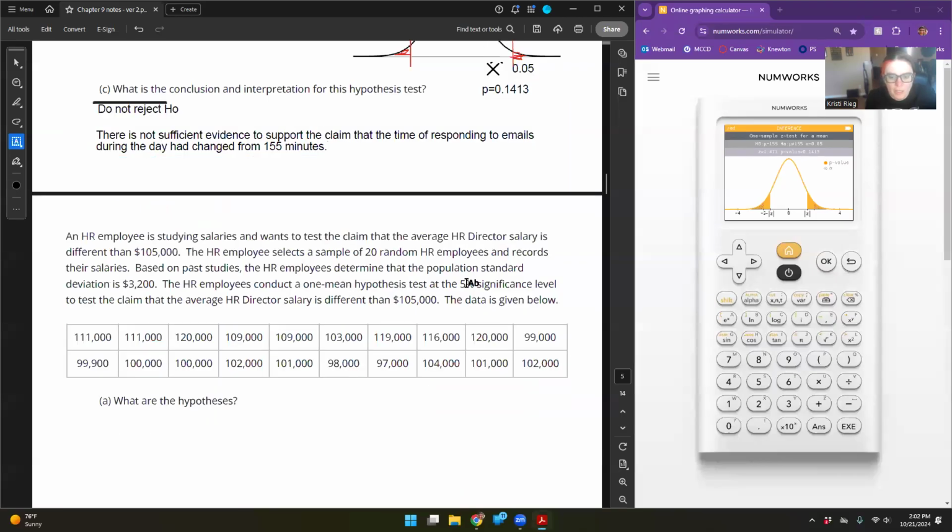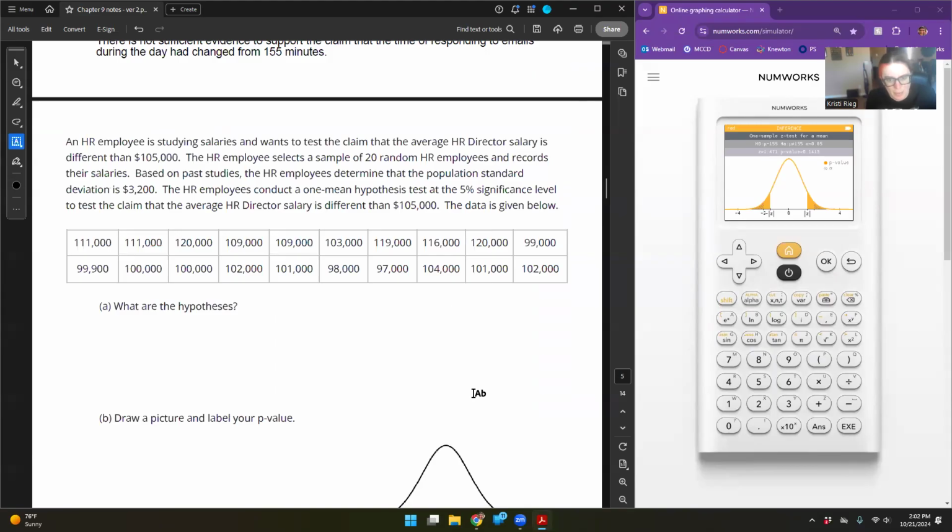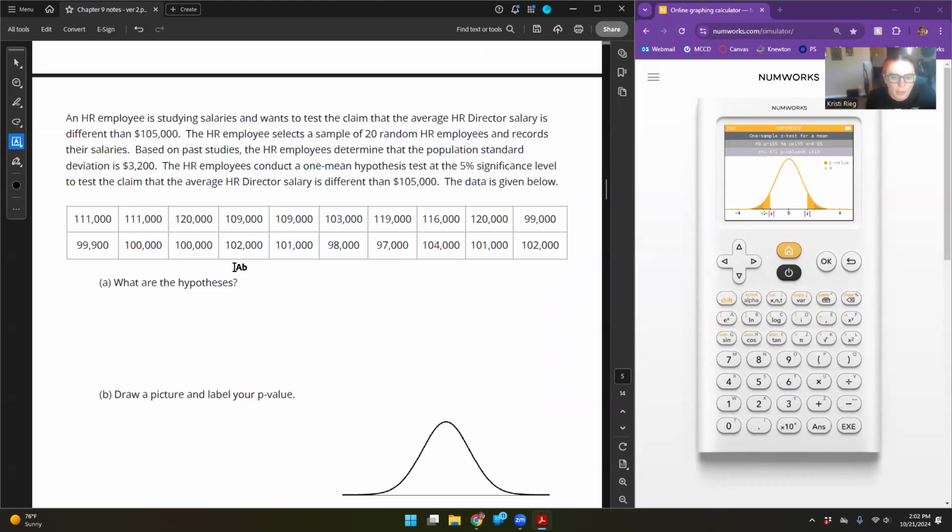Okay, so this one is different because it has a table. This one I just gave lots of space on because the table and the problem weren't going to both fit on the same page. So this is an HR employee studying salaries who wants to test the claim that, here we go, here's our claim, the average HR director salary is different than 105,000.